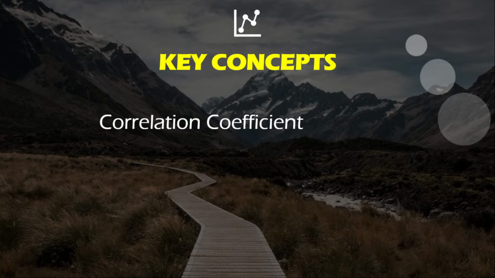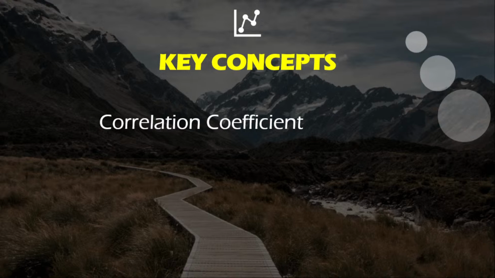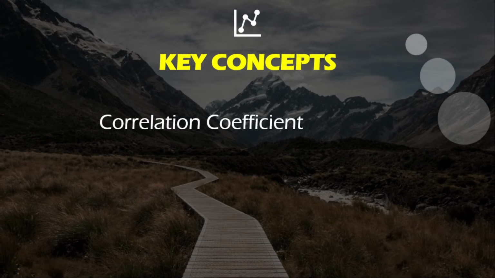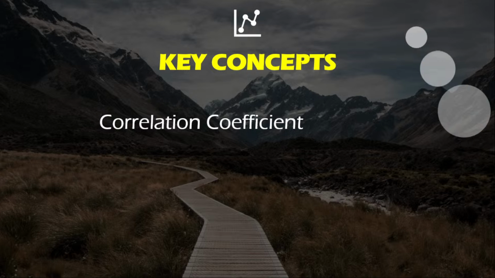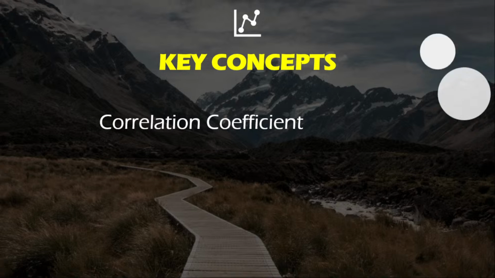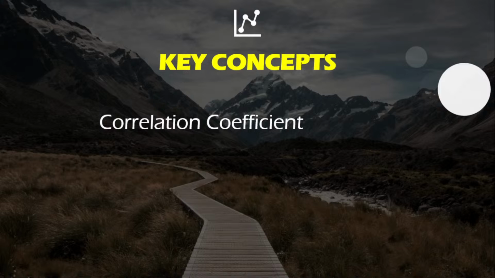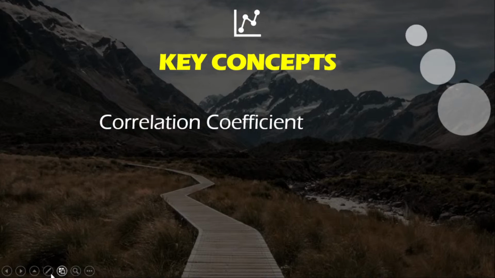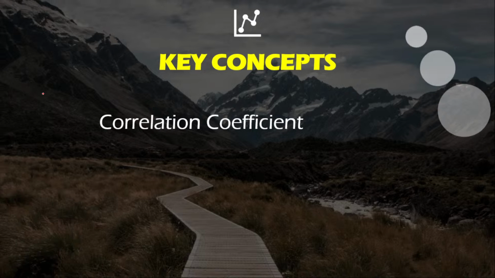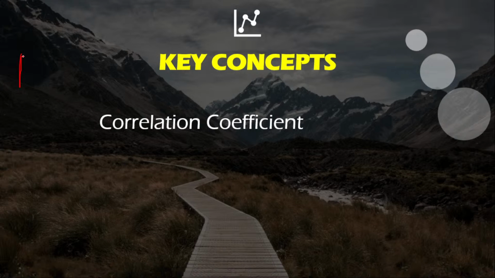Because we assume that the data set is linear, the correlation coefficient we use is mostly referred to as the Pearson correlation coefficient, or simply Pearson.